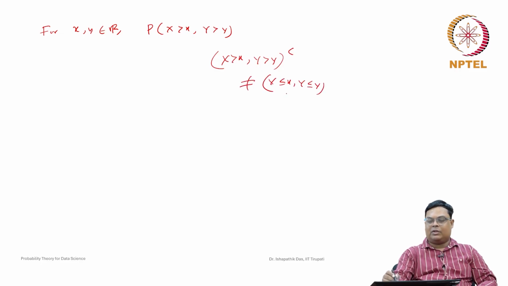We cannot just say that the probability is 1 minus this; we will see that. If we think it is straightforward and just take the complement of this, then it may not be true. So how can we find the probability of X greater than x, Y greater than y?